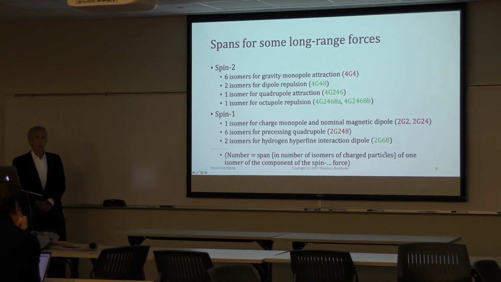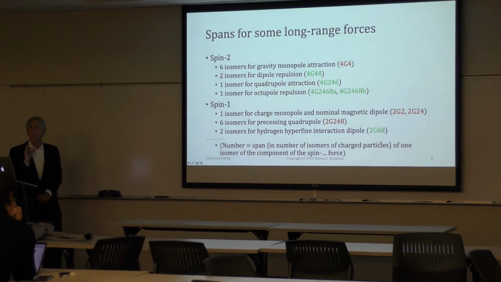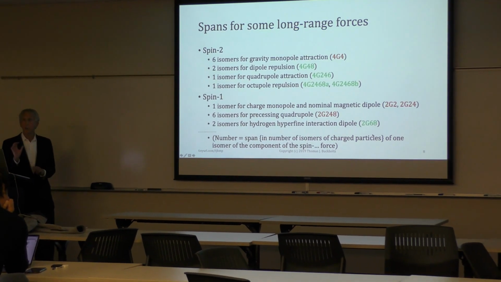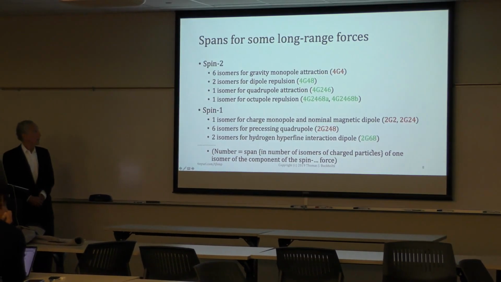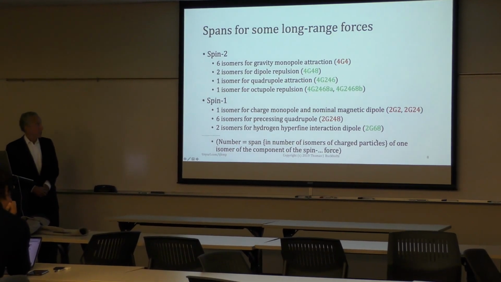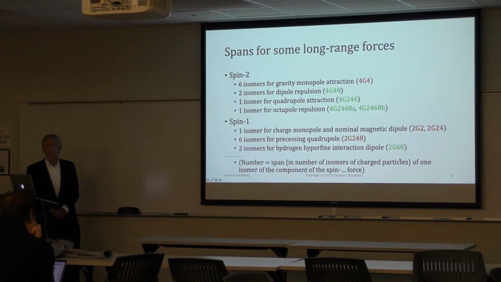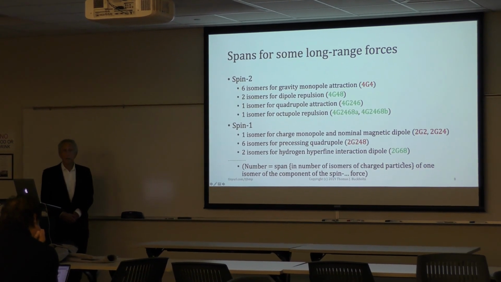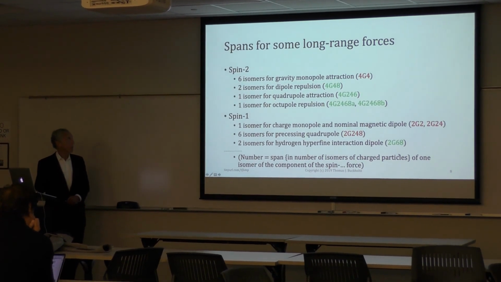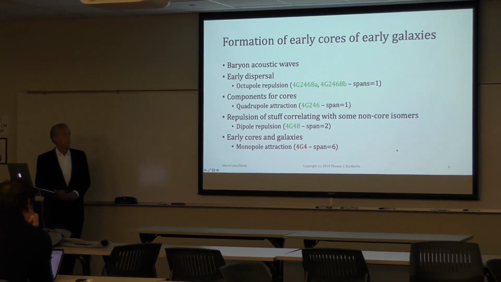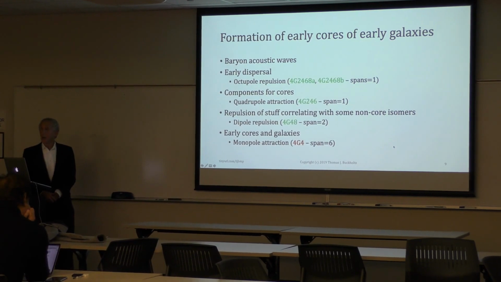For example, the dipole repulsive force couples 2 isomers, so actually 3 copies of that. 2 isomers, 2 isomers, 2 isomers, and so forth. I call your attention at the bottom to that 2G68. That is an electromagnetic force, but it also has a span of 2, and as I said, it will be important later.